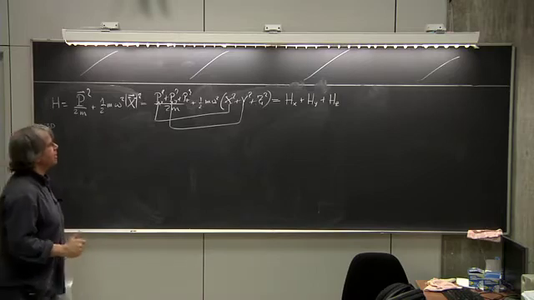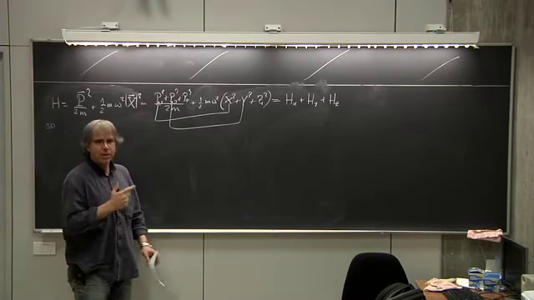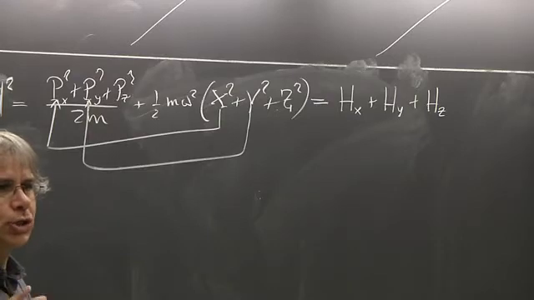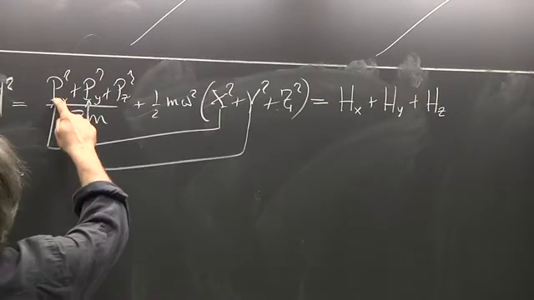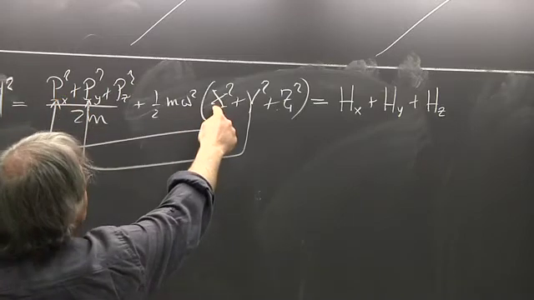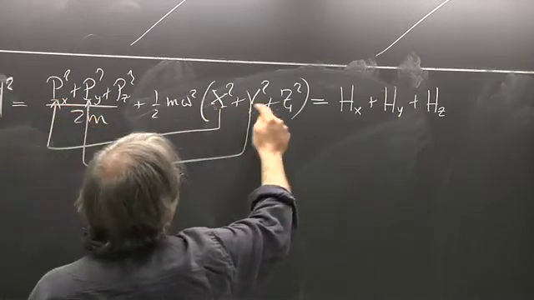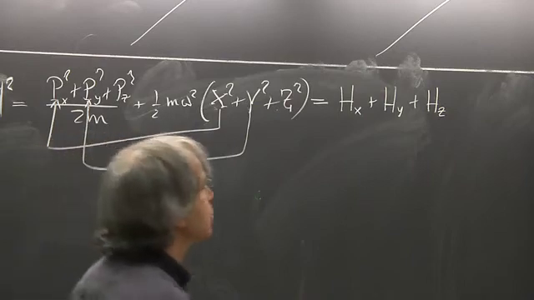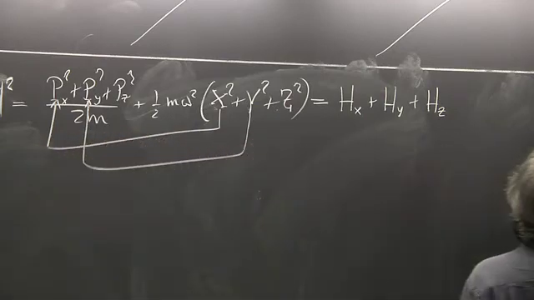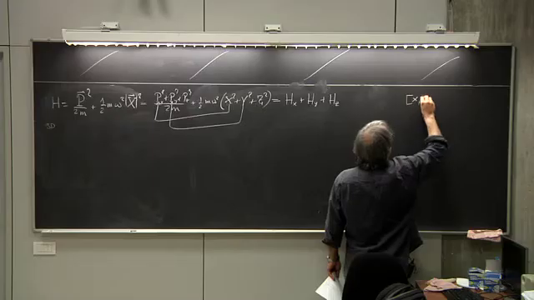And another important property is that these three coordinates really don't talk to each other in the quantum mechanical sense, in the sense that, for instance, px does not commute with x, but certainly commutes with y and with z, okay? So the non-trivial commutators are only x with px, okay?